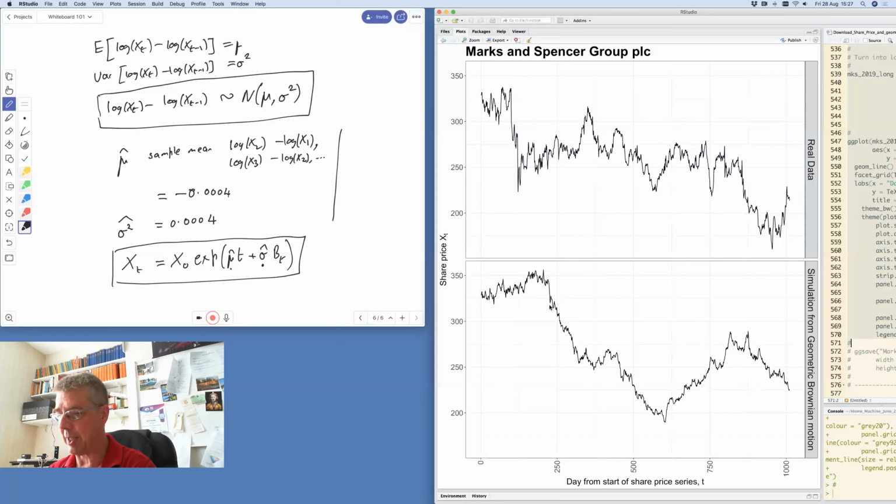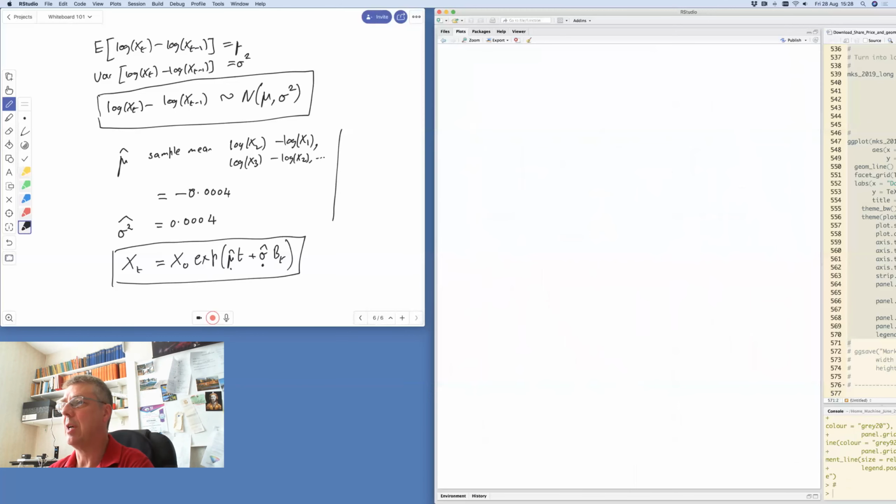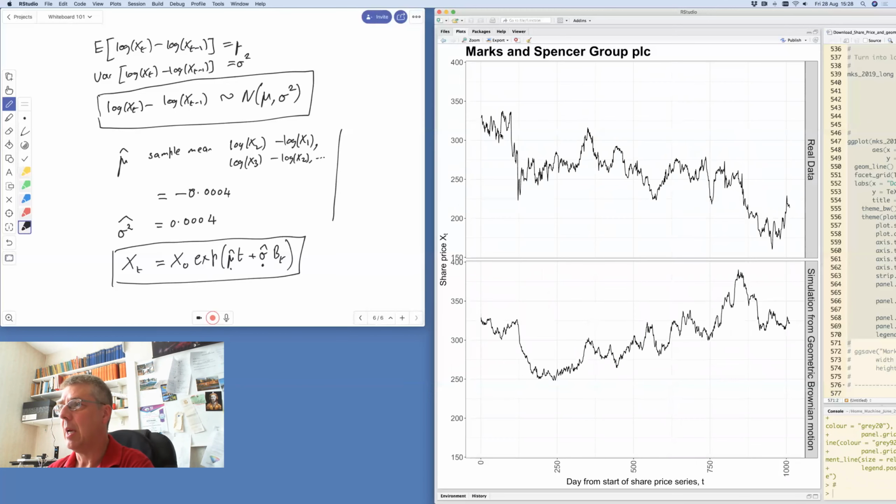Now, obviously, every time I run the code, I will get a different realization. So here's a different one, which perhaps looks slightly different from the data themselves. Let me do it once more.